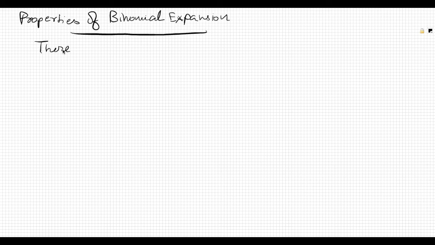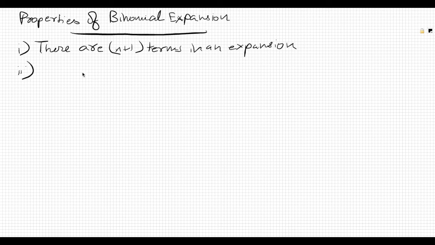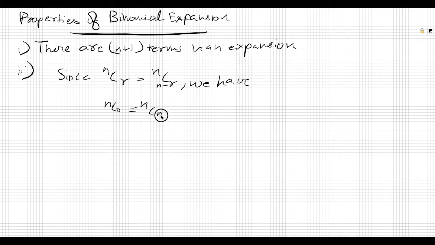As discussed earlier, there are n plus 1 terms in an expansion. And second point, since nCr is nothing but nC(n minus r), we have nC0 is equal to nCn, which is equal to 1. nC1 is equal to nC(n minus 1), which is basically n.